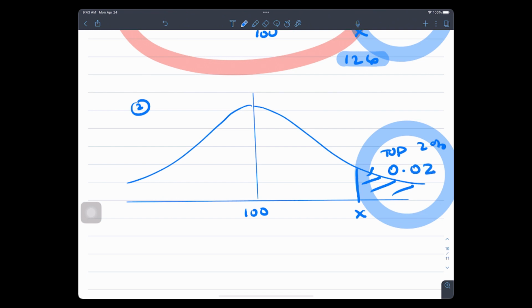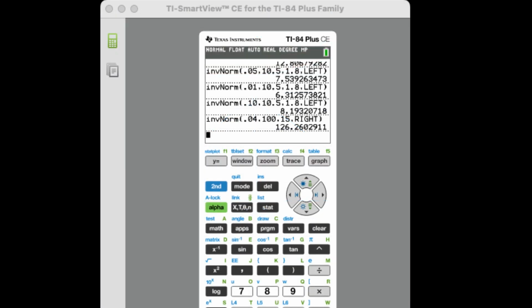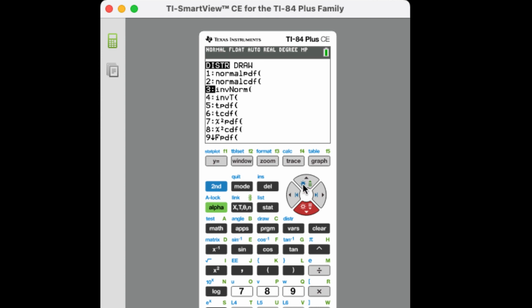Isn't 2% 0.02? Second distribution, inverse norm.